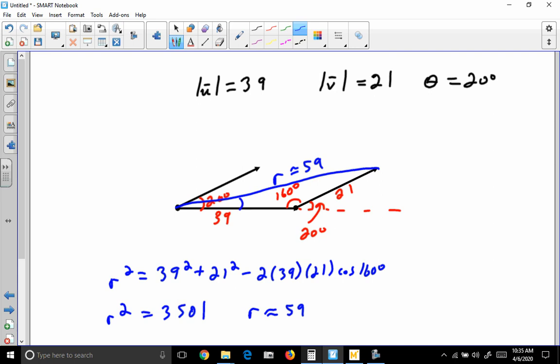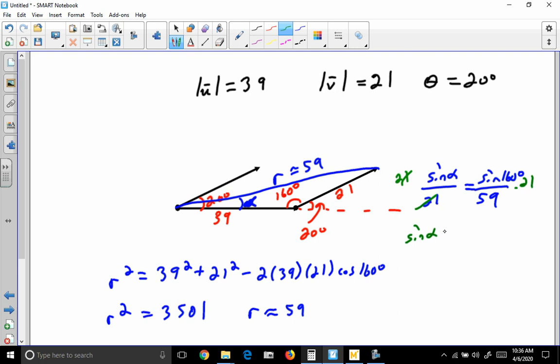Now if we want the angle, let's not call that theta, because theta is this whole angle here, so let's just call that alpha. If they want to know alpha, sine alpha over its opposite side equals sine 160 over 59. So multiply both sides by 21.